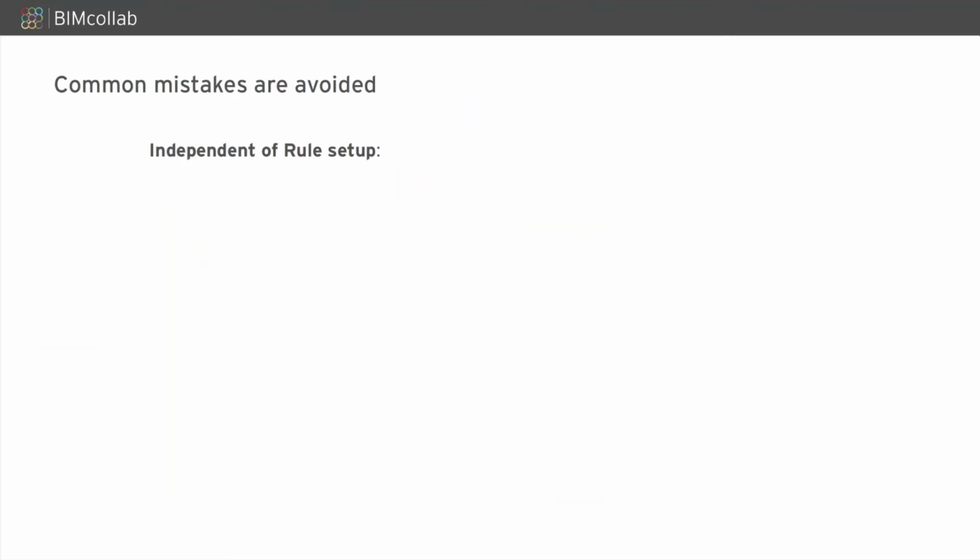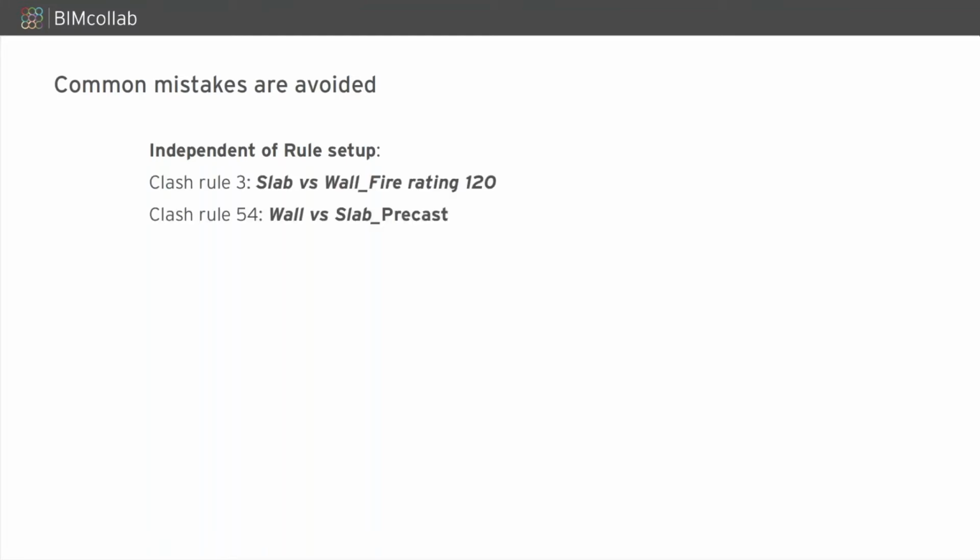So I also want to address the common mistakes that we avoid here. So our clashes are set to issues and they are independent of the way that the rules are set up. So in this example, I can have different rules running in the project. One that checks slabs against walls with a fire rating of 120 minutes.